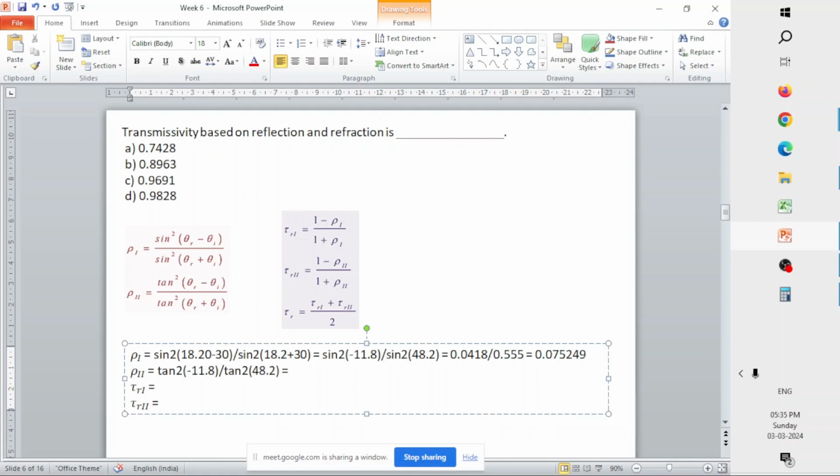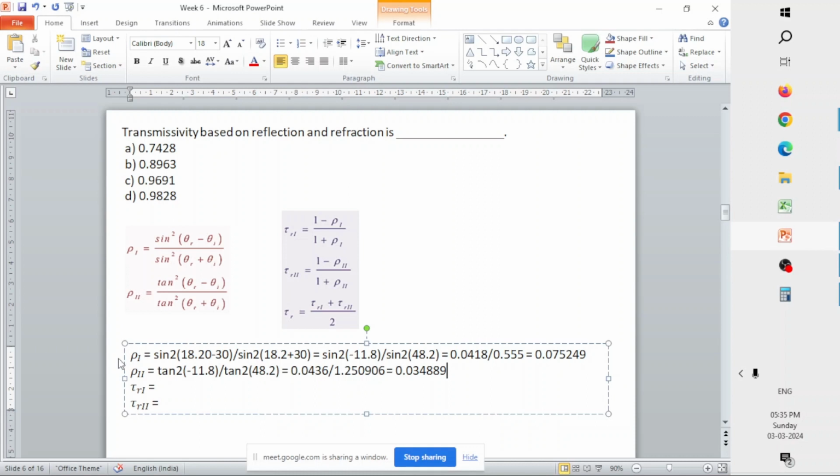So tan square of minus 11.8 is 0.0436, and tan square of 48.2 is 1.250906. So that value will be 0.034889.